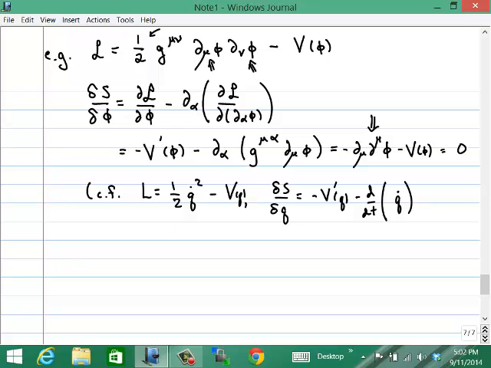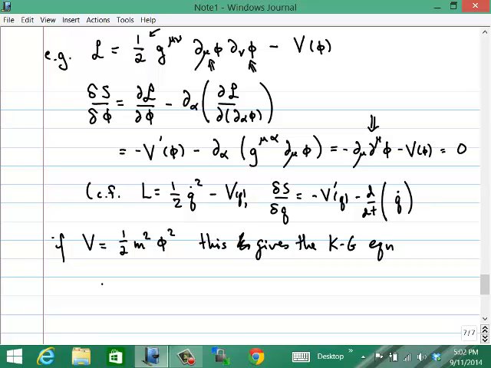And so, for example, if this function V is quadratic in φ, then this gives the Klein-Gordon equation, ∂_μ∂^μφ is equal to minus m²φ.